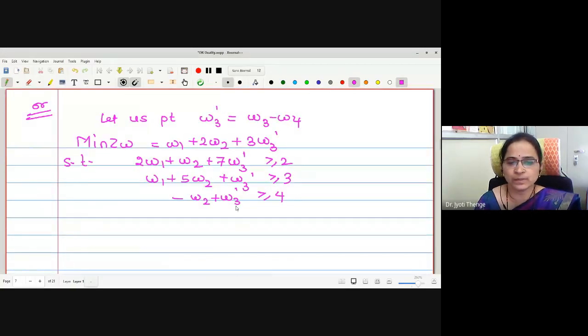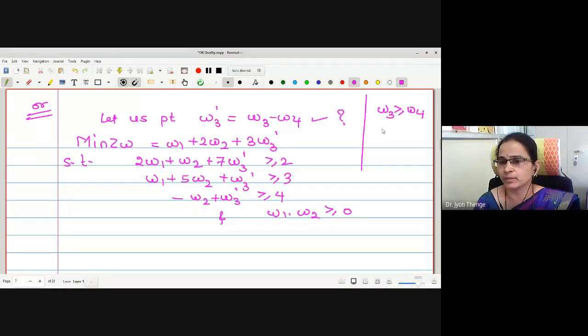Now, what are the new variables? W1, W2 are the old variables, both non-negative. But can we write W3 dash as non-negative, greater than or equal to 0? W3 dash we have written as a difference of these two numbers. Therefore, the value of W3 dash depends upon W3 and W4. If W3 is greater than or equal to W4, that is W3 minus W4 is greater than or equal to 0, then we get W3 dash non-negative.